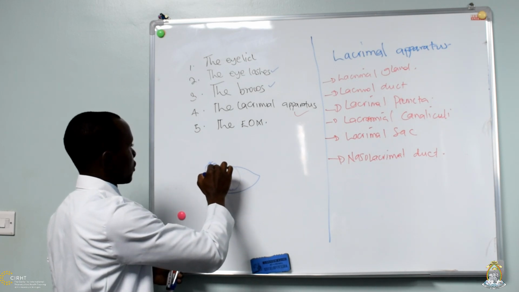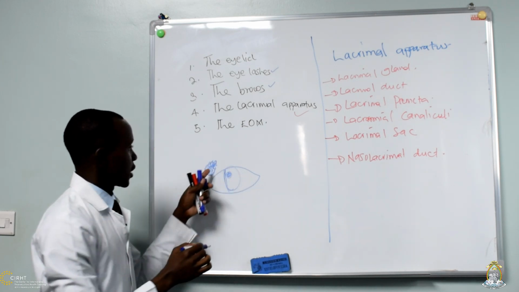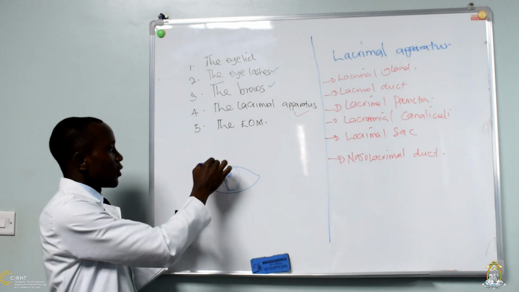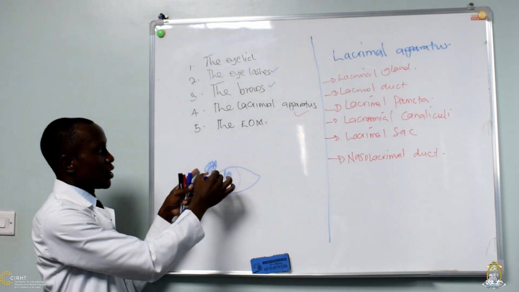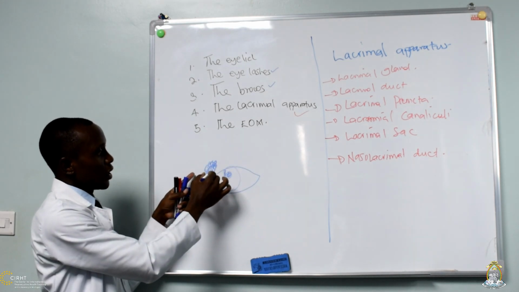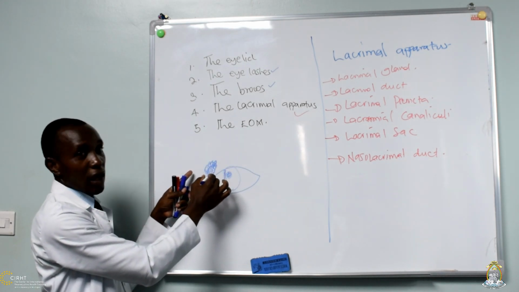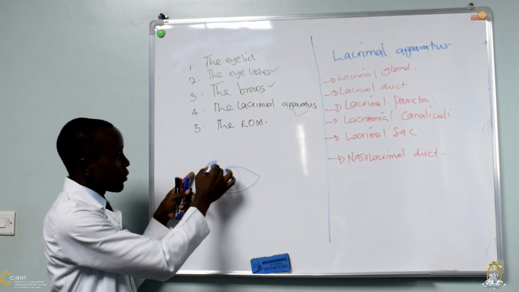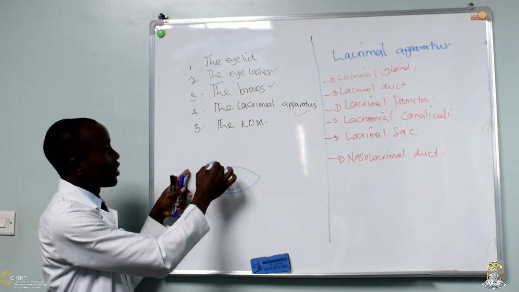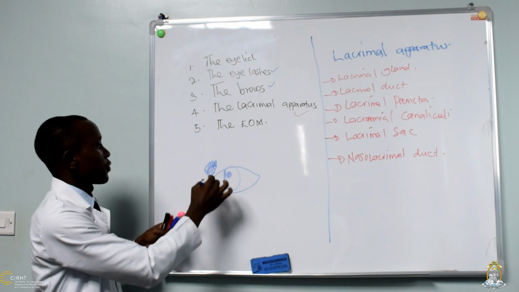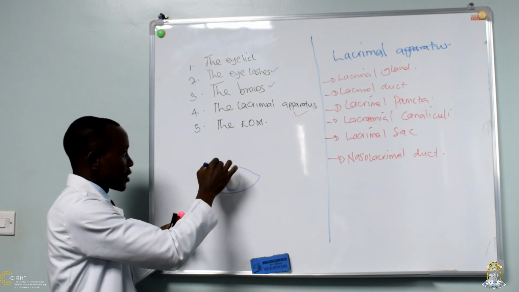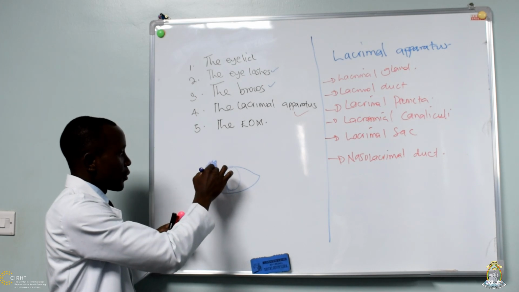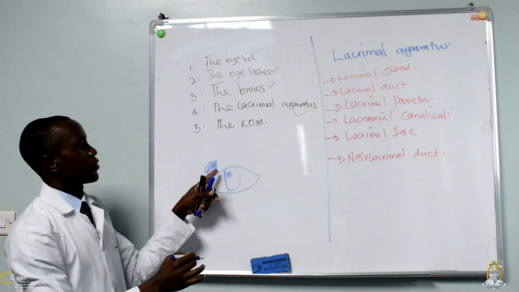We have many lobules of the lacrimal gland, but it is divided majorly into two: the orbital part and the palpebral part of the lacrimal gland, divided by the tendon of the levator palpebrae superioris muscle. Then it opens onto the lateral surface of the eyeball through its duct, the lacrimal duct.